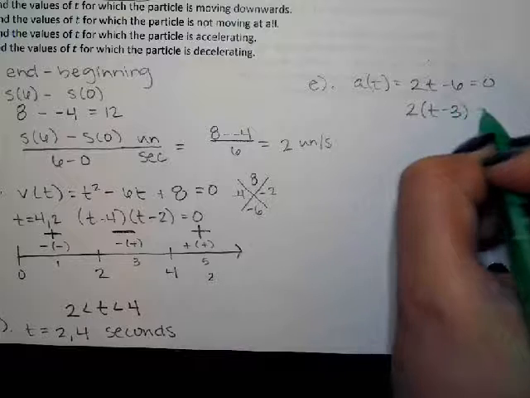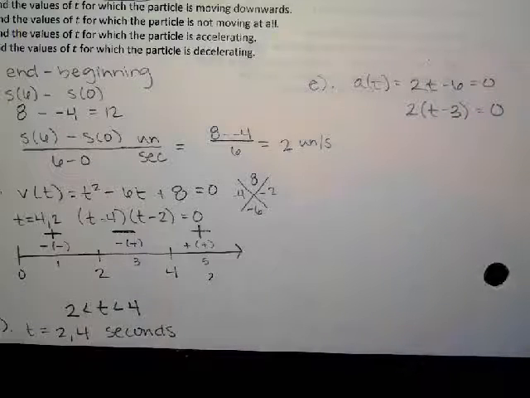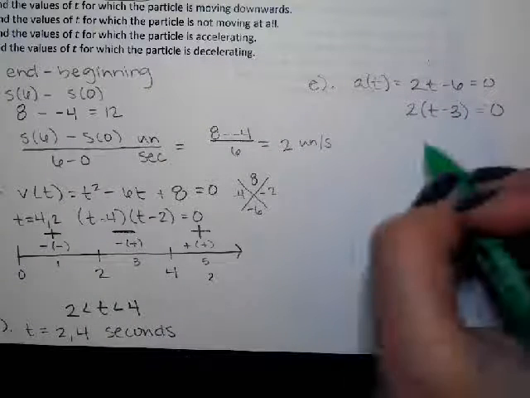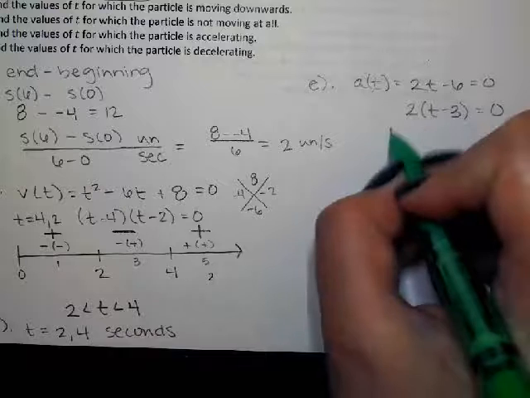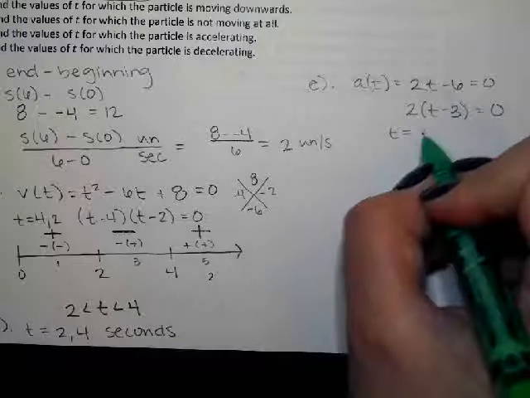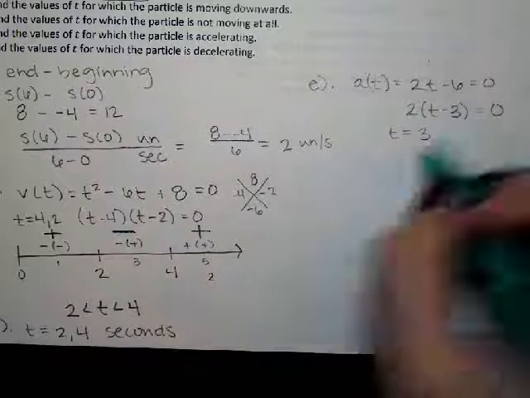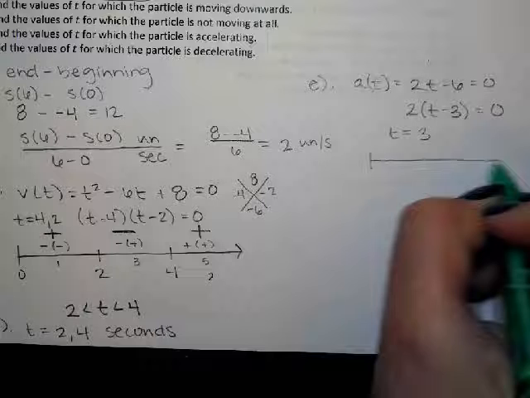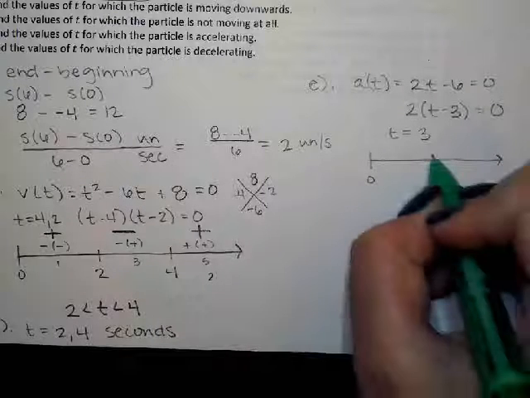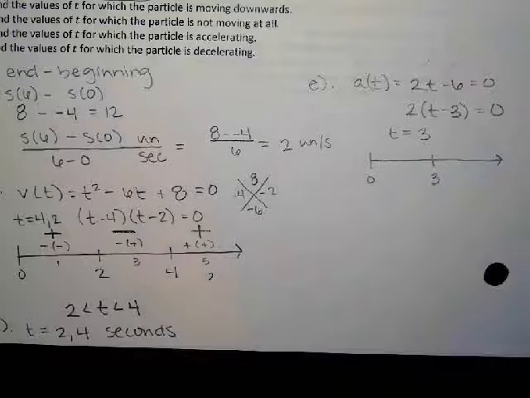So 2 times t minus 3 equals 0. Are you guys comfortable with that? Okay. So t equals what? 3. Okay, so on my number line, I'm going to put 0, and I'm going to put 3. And what number can I plug in between 0 and 3?